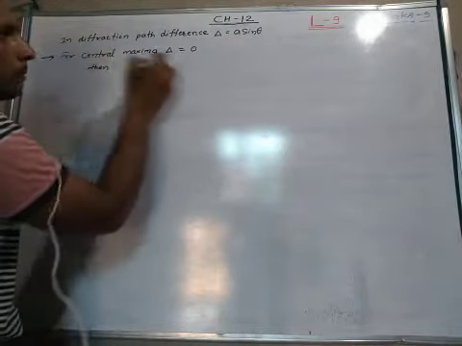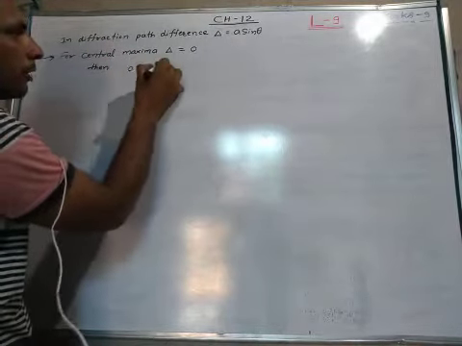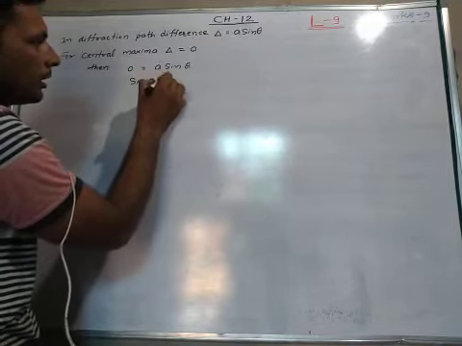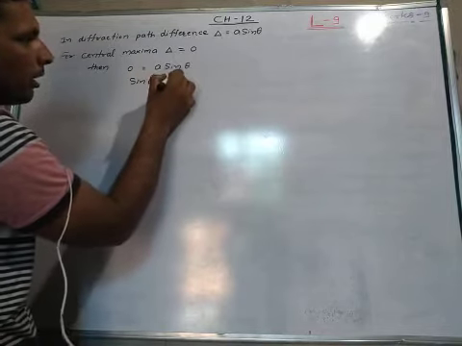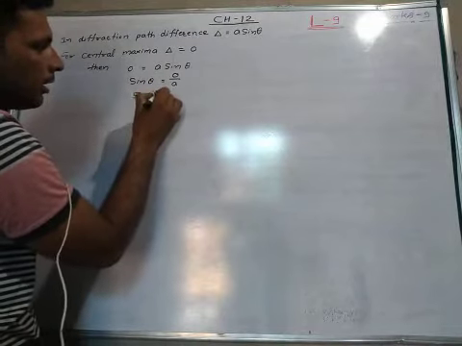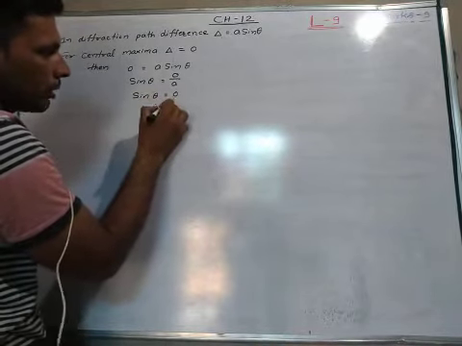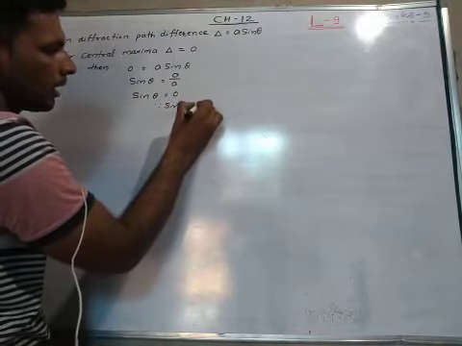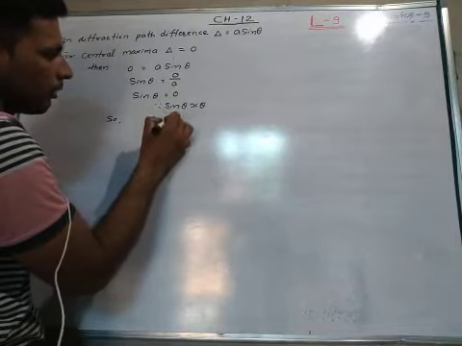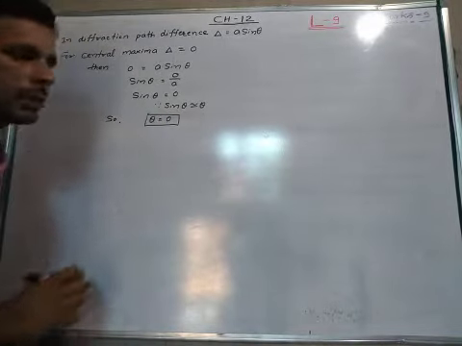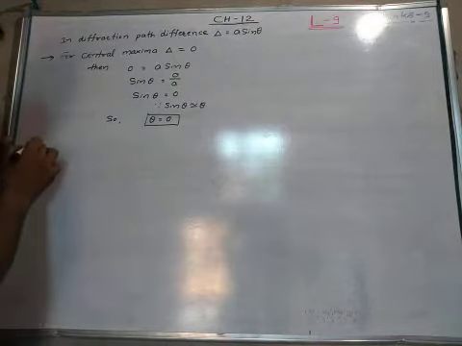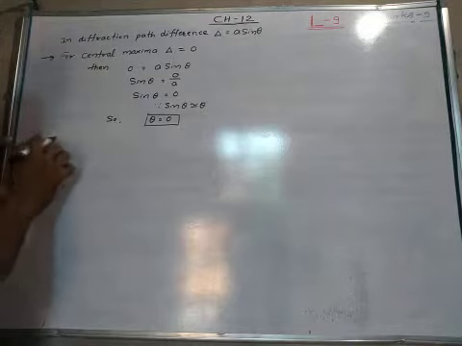Then by this equation 0 equals a sin theta, so sin theta equals 0 upon a, meaning sin theta equals 0. Because sin theta is approximately equal to theta, theta equals 0 for central maxima. After this we take minima.